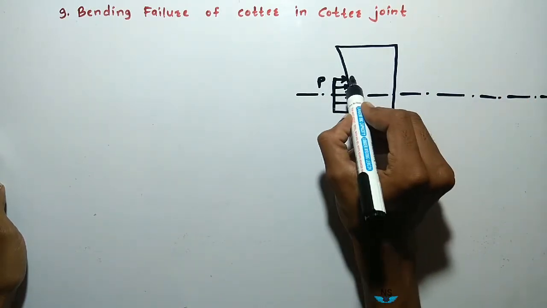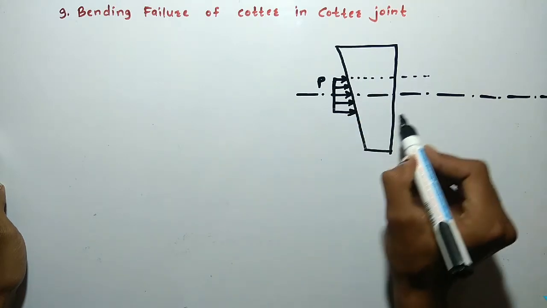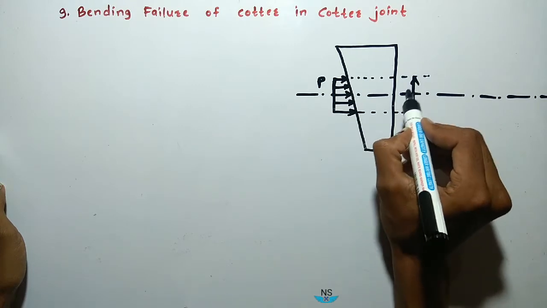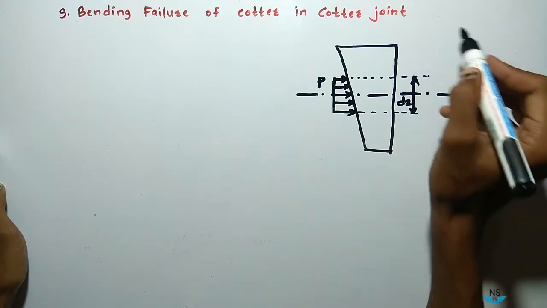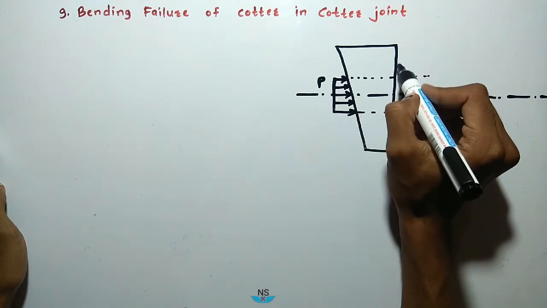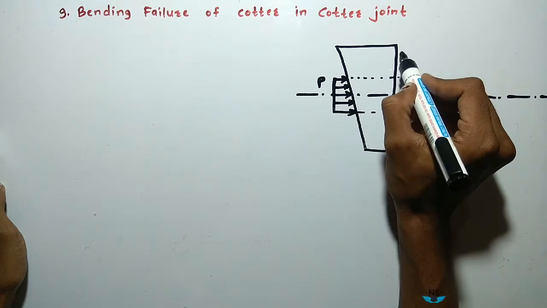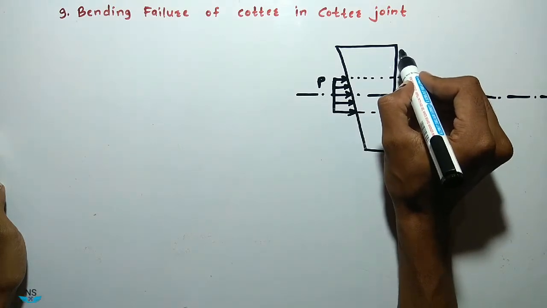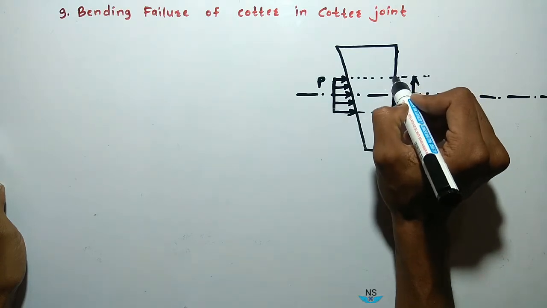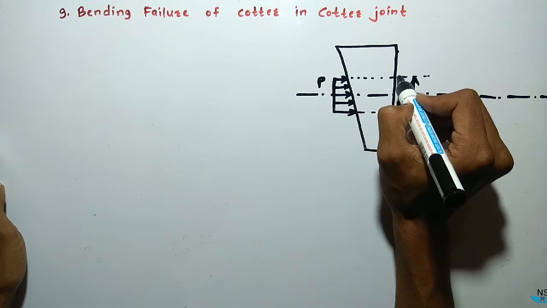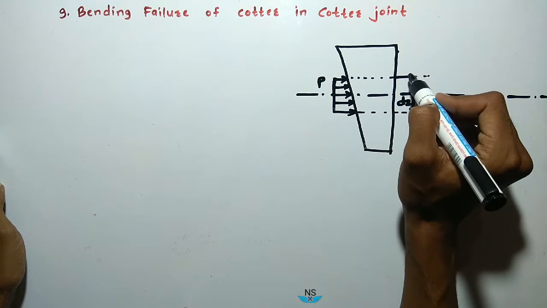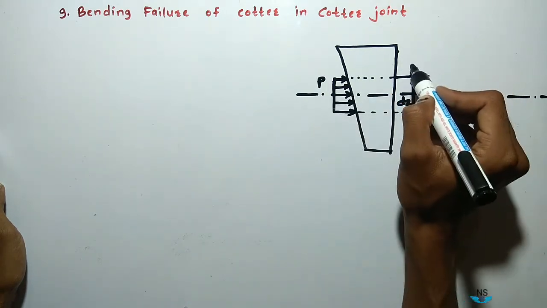Now this is diameter D2. This is diameter, spigot diameter D2. Now from this D2 quarter touches the socket collar. Let us assume socket collar is up to here. So at this point on the collar the force is maximum, that is P by 2. You know this P by 2 is balanced on quarter.